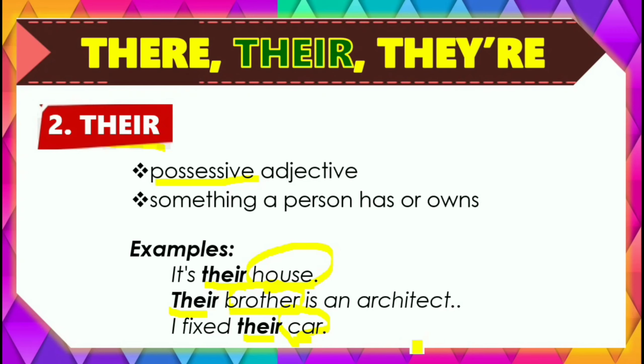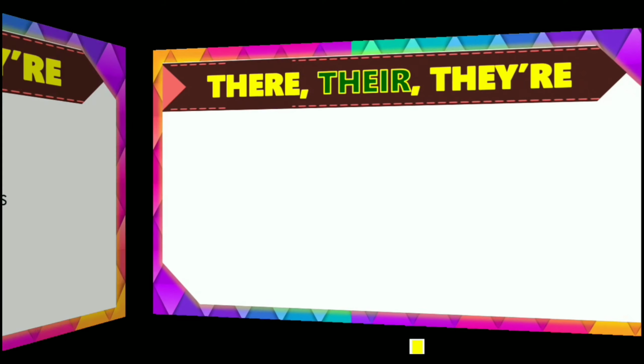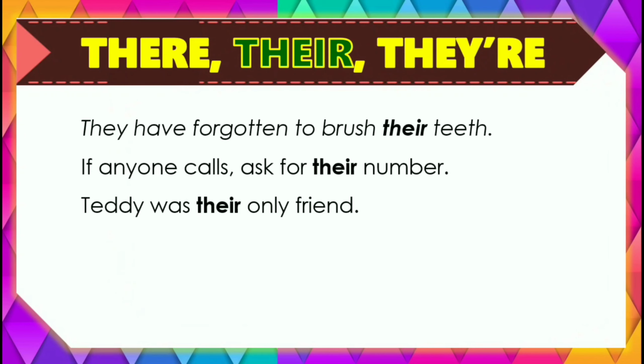Alright? That's your clue. And other examples like they have forgotten to brush their teeth. So their teeth and not my teeth. If anyone calls, ask for their number. So their number, not my number, but their number.